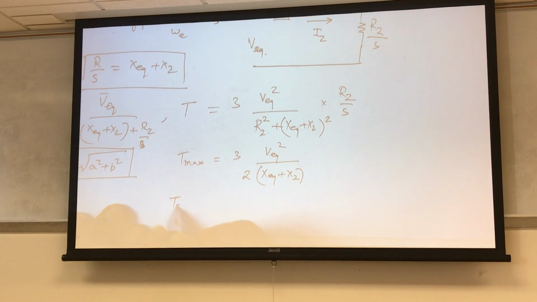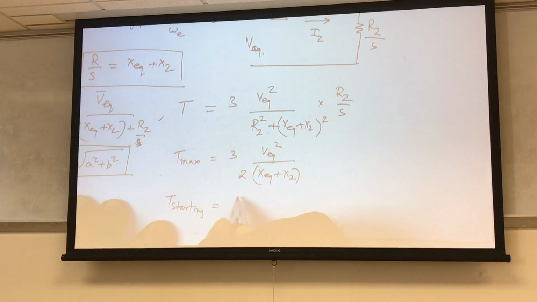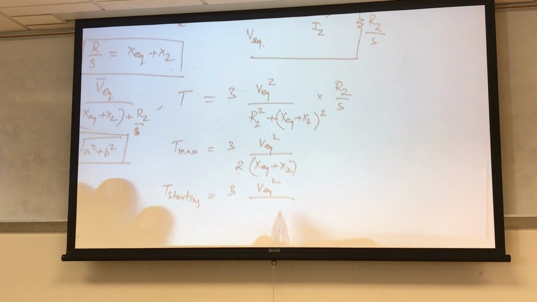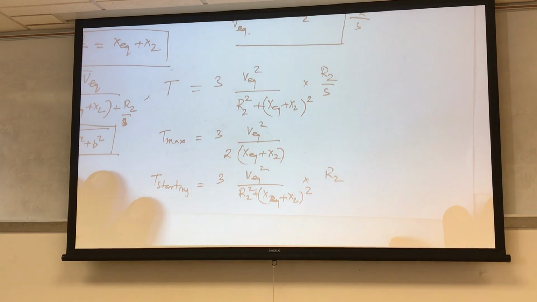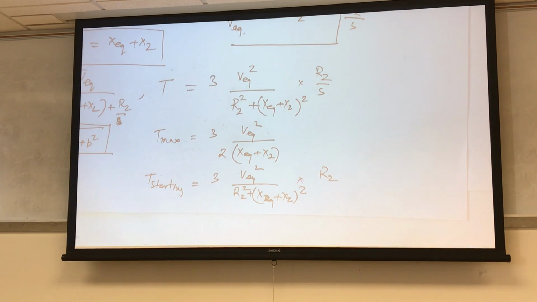3 V equivalent square over R2 plus X equivalent plus X2 square into R2. Because S is 1.